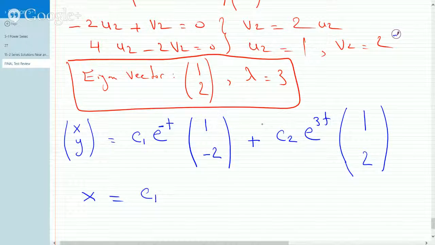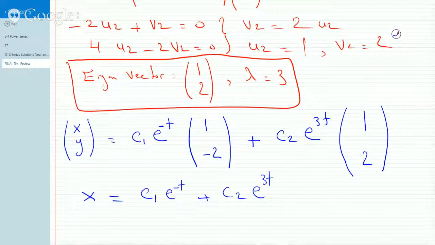So x equals e to the minus t times 1 is C1e to the minus t, plus e to the 3t times 1 is C2e to the 3t. Right?